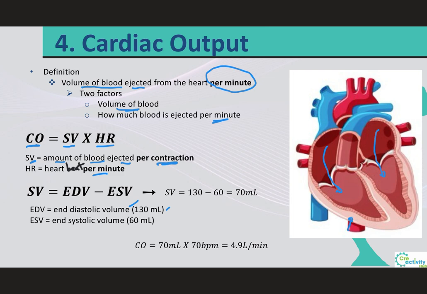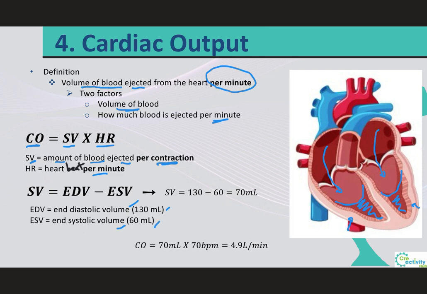So at the end of contraction, you will have ejected all the blood that you possibly can, but you will not be able to push all the blood out. There will always be a little bit left over. And this volume is called the end systolic volume, which on average is about 60 mLs.